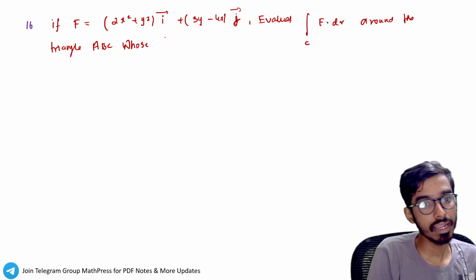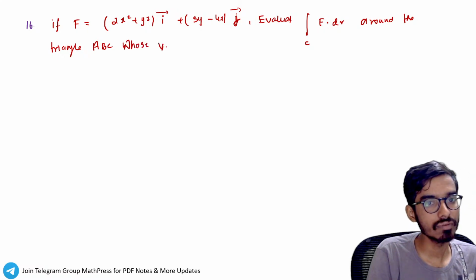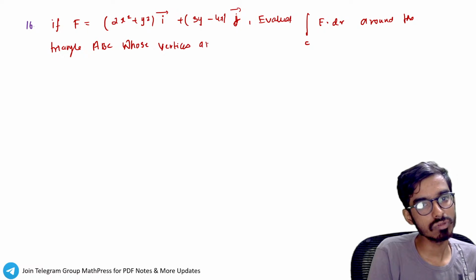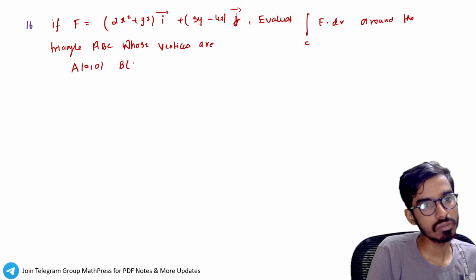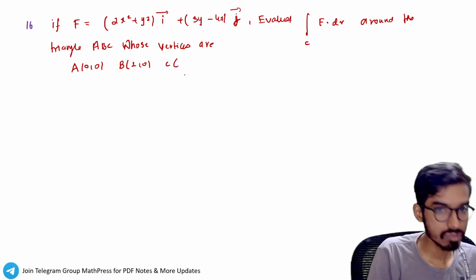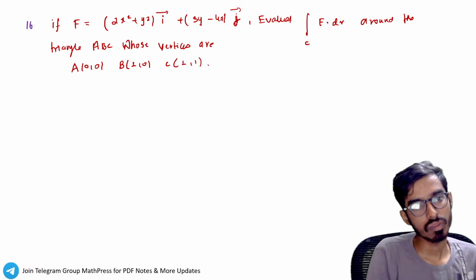We haven't done a triangle problem, right? Whose vertices are very simple again: A is 0, 0, B is 2, 0, and C is 2, 1.